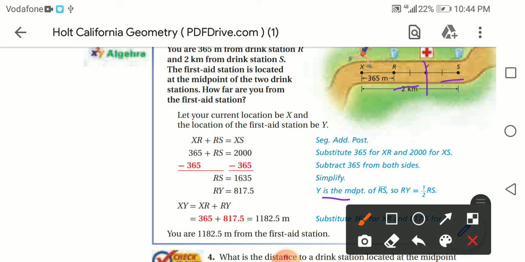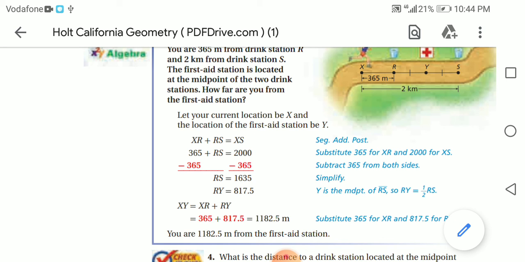I have that RS is 1635, so RY gives you the half part. It will give you 817.5. 1635 divided by 2 gives you this line, this measurement. So you are about 1182.5 miles from the first aid station. Why?